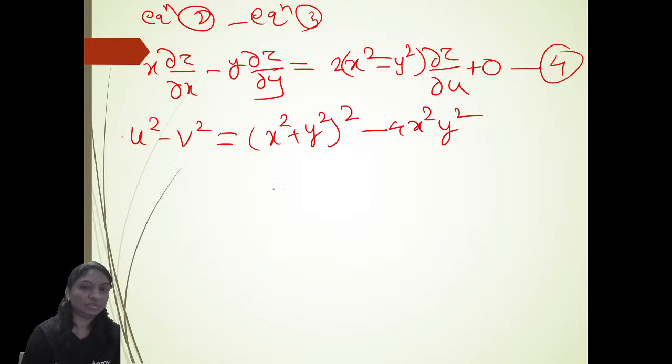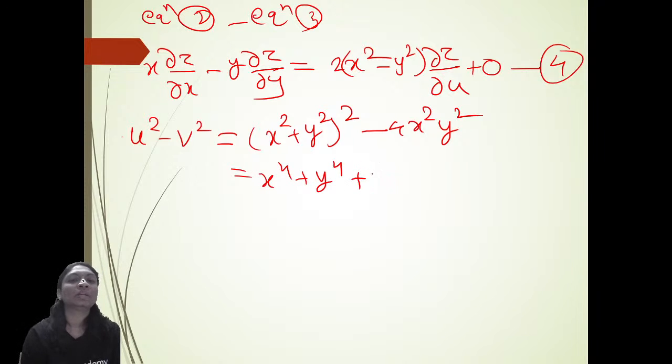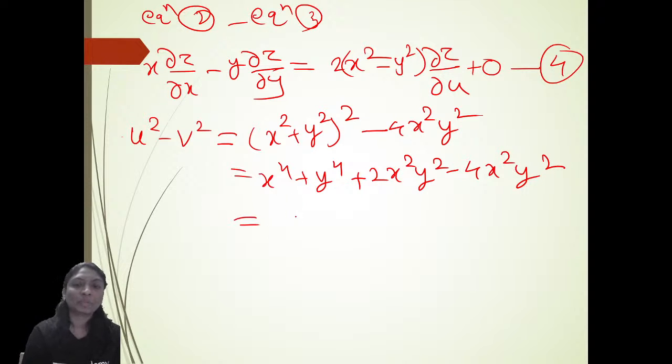So expand this, you will get x raised to 4 plus y raised to 4 plus 2x square y square, plus 2x square y square minus 4x square y square. So here you will get x raised to 4 plus y raised to 4 minus 2x square y square.